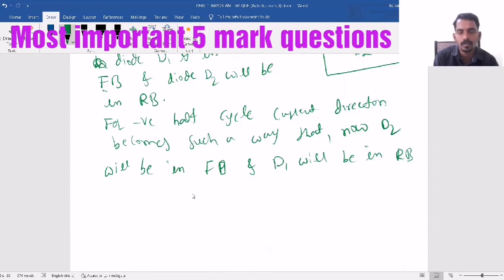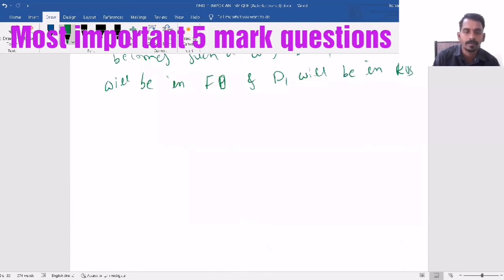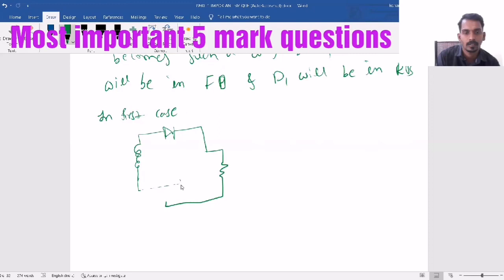So see, in the first case, this is the coil and the current flows like this. Now the current is flowing down.